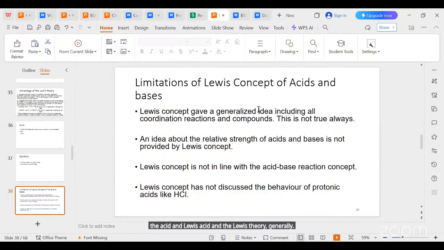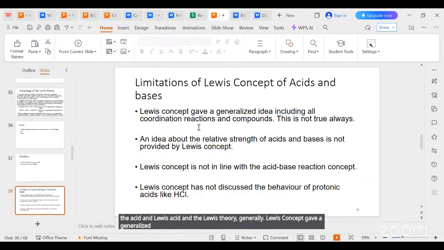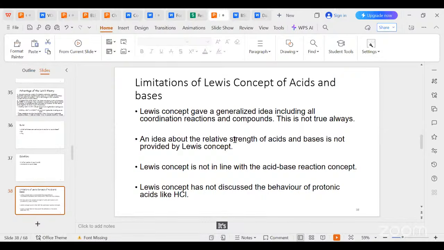These are some limitations of Lewis theory generally. The Lewis concept gave a generalized idea, including all coordination reactions and compounds, which is not always true. It says that everything coordinates, but it's not everything that undergoes coordination. The idea about the relative strength of acid and base is not provided in the Lewis concept.